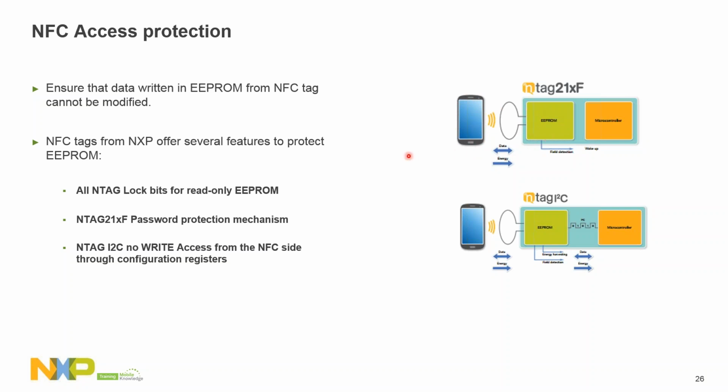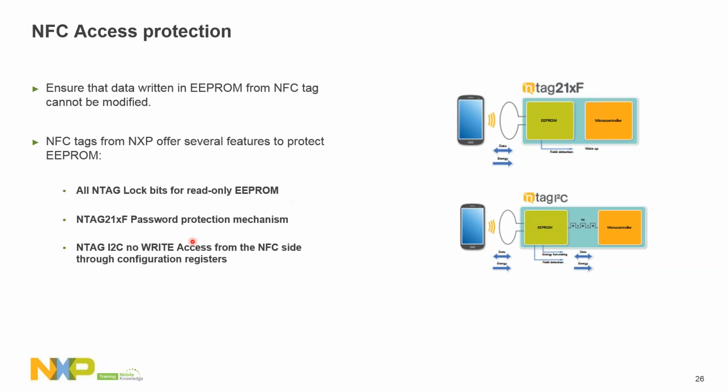And here, before going into the details, NFC tags offer several features to protect the EEPROM content. In fact, all NTAG, so all NFC tags, offer lock bits that can be configured to make the EEPROM only readable. Please note that in this case, this operation is irreversible.